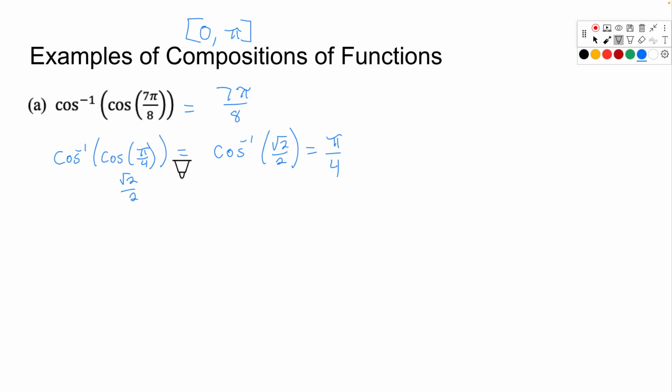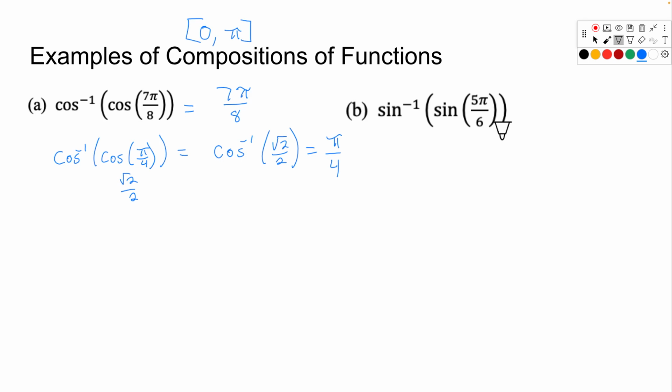Okay. We're going to look at one with, I think, tangent, where we can't quite do that because it's not within the range, but that's one example. Inverse sine of sine, this is one where we can't quite.